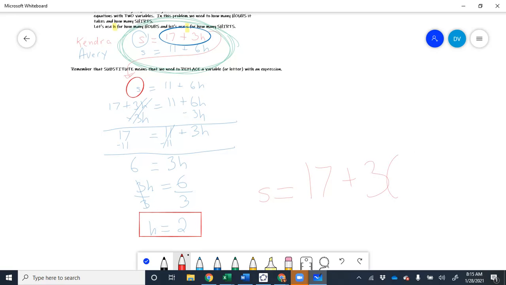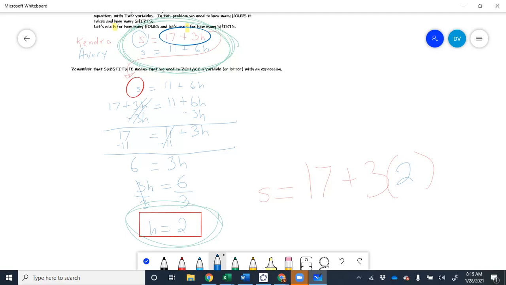Like I said, I want to put the h here in parentheses. And the reason I put that in parentheses is because I want you to remember just a second ago, we said that h is 2. So we can replace, I'm going to actually erase and replace that h with the number 2. So there we go.